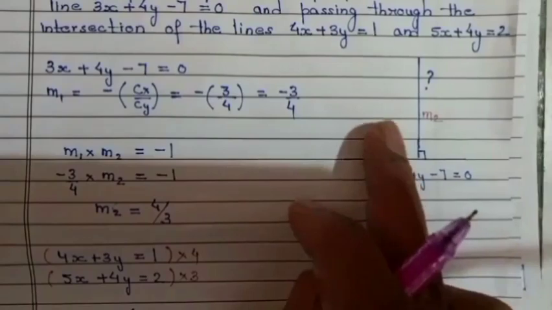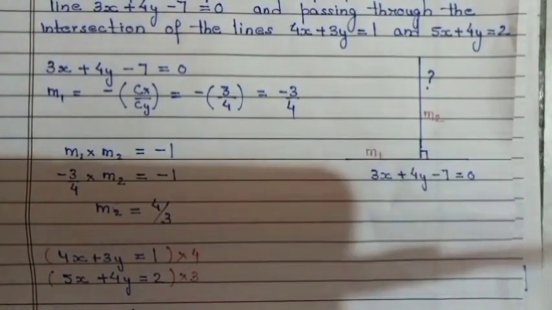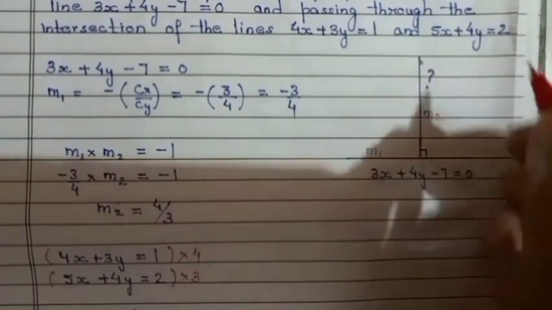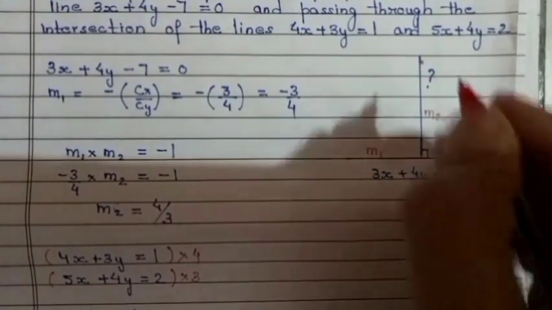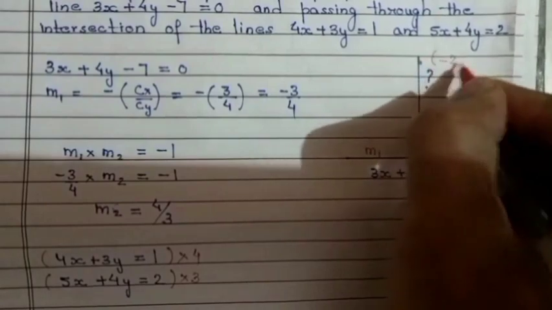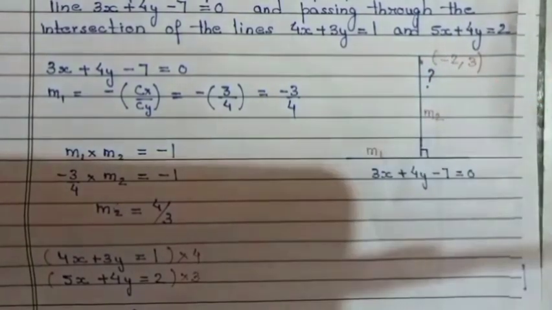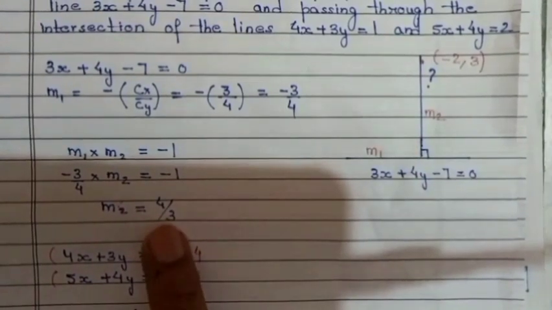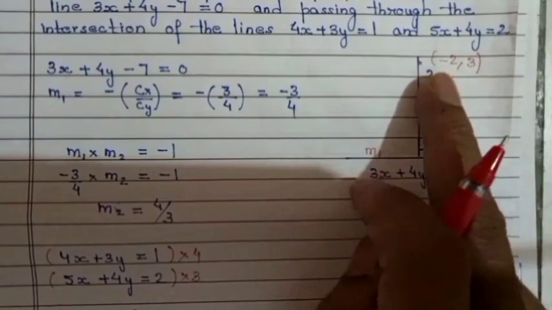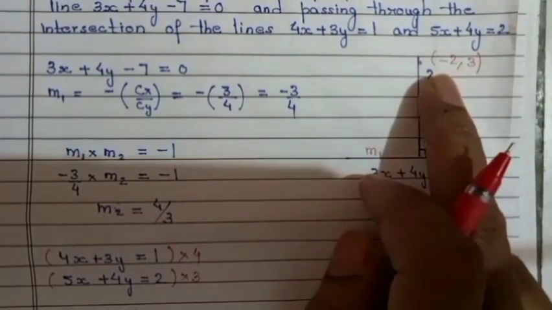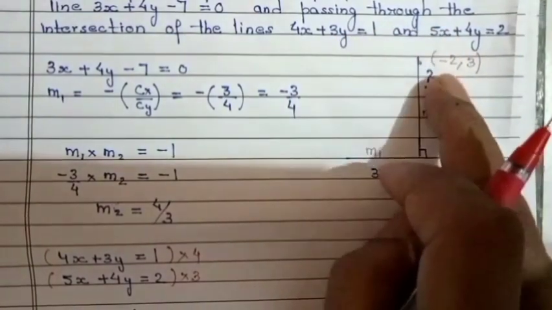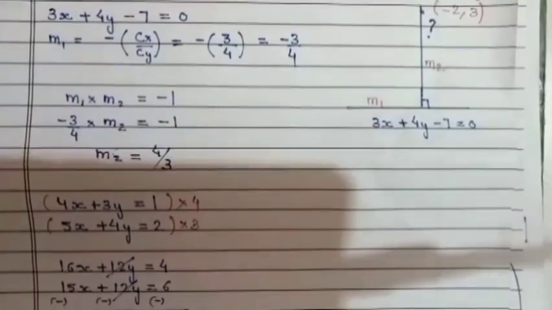So here in the diagram we can show that this line whose equation is to be calculated is passing through the point -2, 3. See, slope was already known to us, 4/3, m2. Slope is known to us. The point through which this line is passing was the point of intersection of these two lines that we have got. Now we need to write the equation.